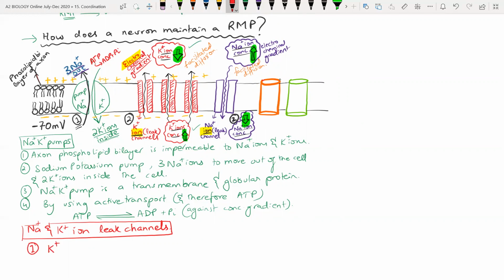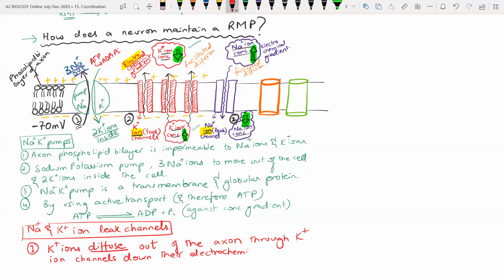So potassium ions diffuse out of the axon through potassium ion channels down their electrochemical gradient by facilitated diffusion.